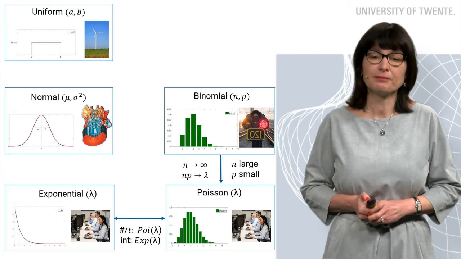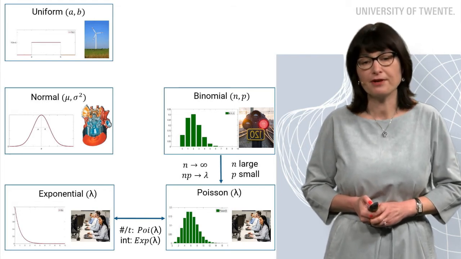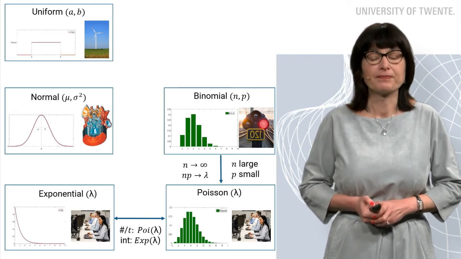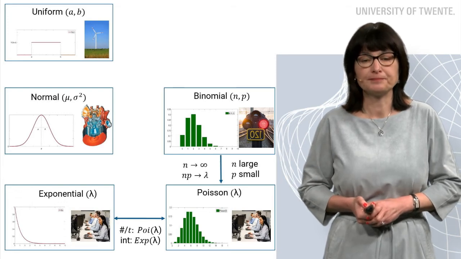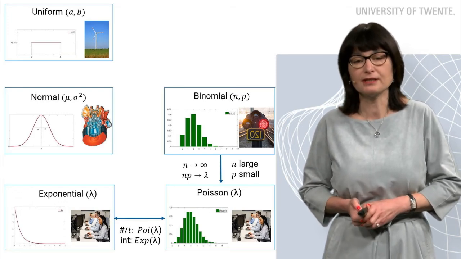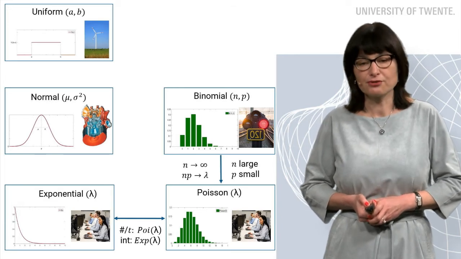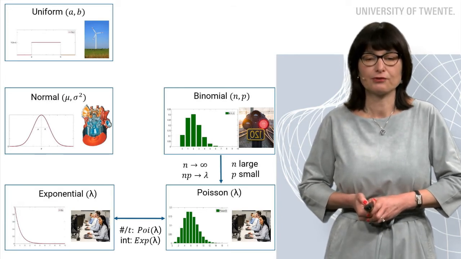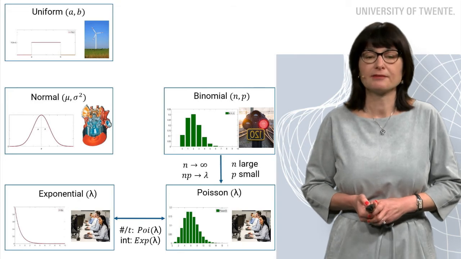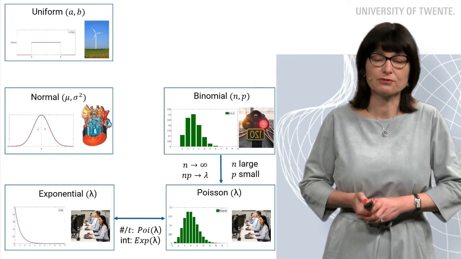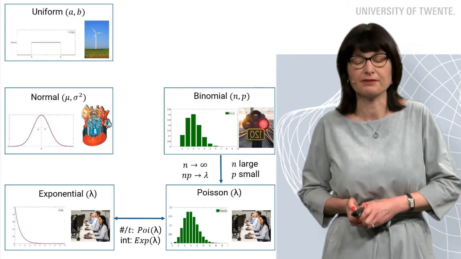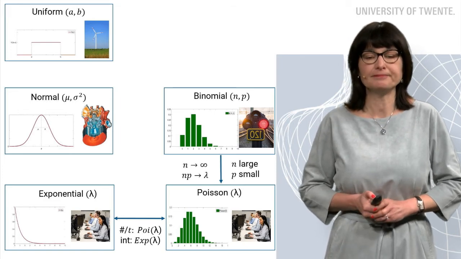For example, if you have many lamps, say 1,000 of them, but each has very small probability to fail, say 1%, then on average you will have 10 failed lamps, and it can be very well approximated with Poisson distribution with the same average, the same lambda 10.